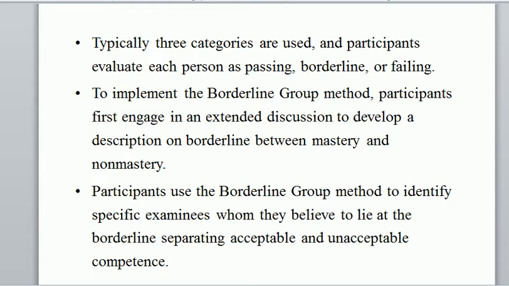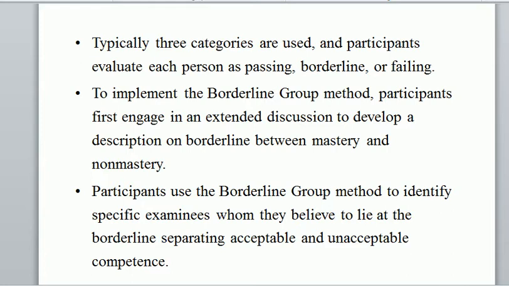Typically, 3 categories are used and participants evaluate each person as passing, borderline or failing. It means the categories will be 3 instead of 2: passing, borderline or failing. In the implementation of the borderline group method, participants first engage in an extended discussion to develop a description of the borderline between mastery and non-mastery.